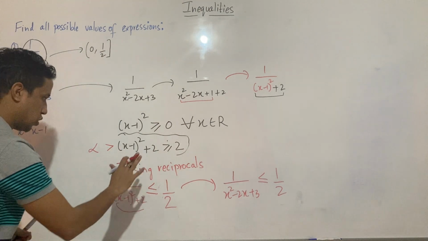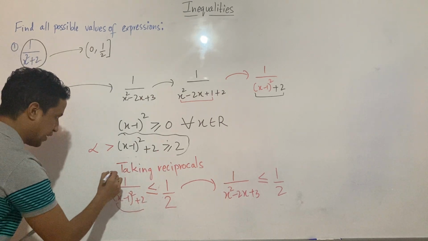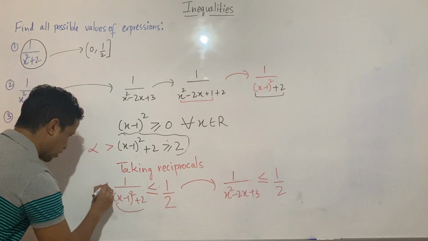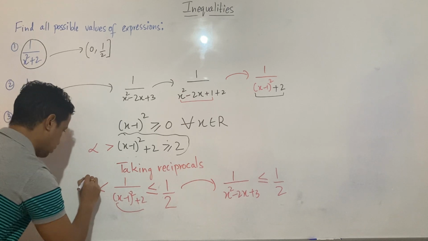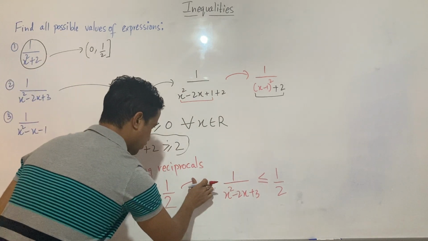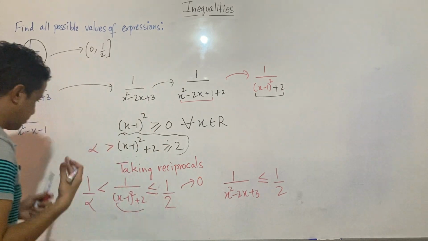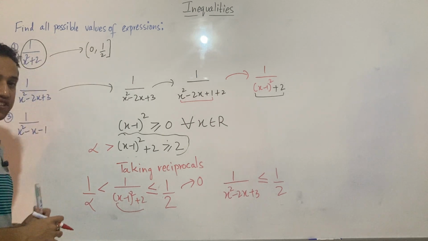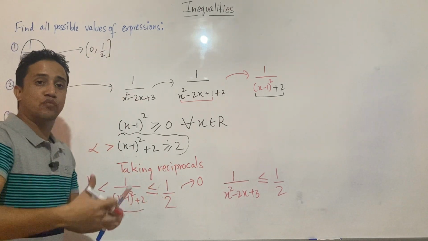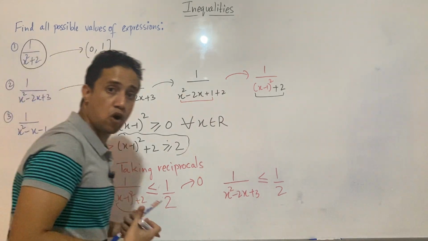So if we follow this, then on taking the reciprocal it's going to be 1 over infinity, and we just make this 0 for our convenience, to solve problems.